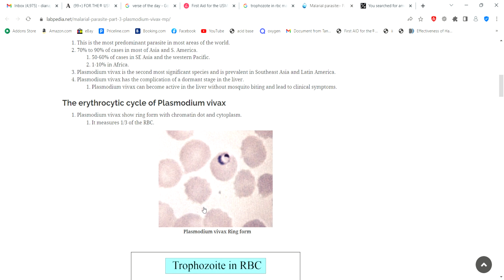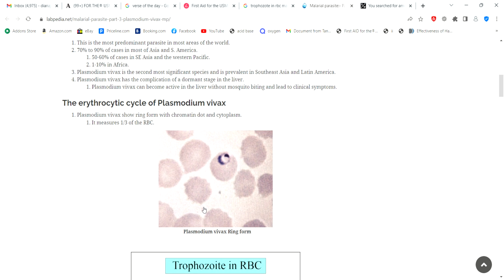And this is the stage where you also see trophocyte ring form within the RBCs, okay? P. vivax and P. ovale. And the schizont containing merozoites, that's also like a later stage of P. vivax and P. ovale. It comes and infects the RBCs.